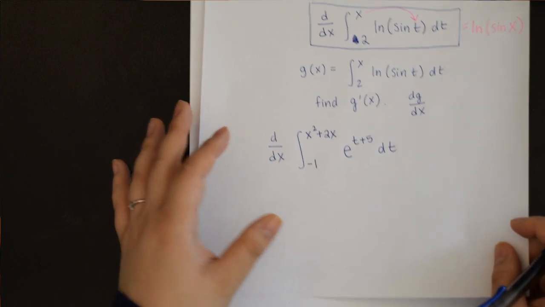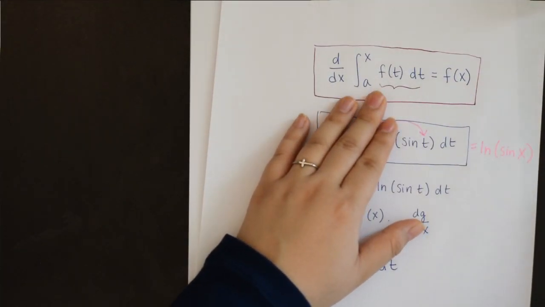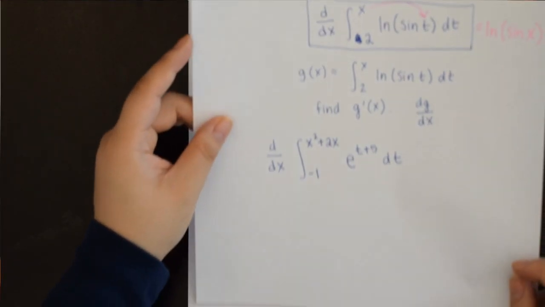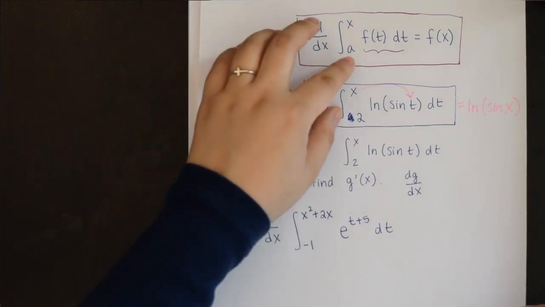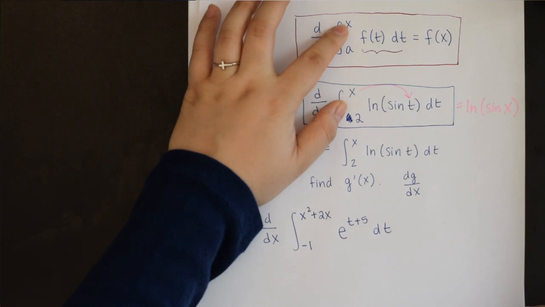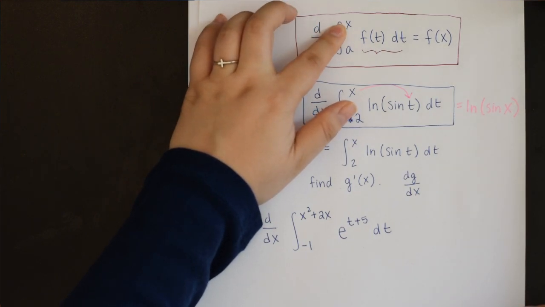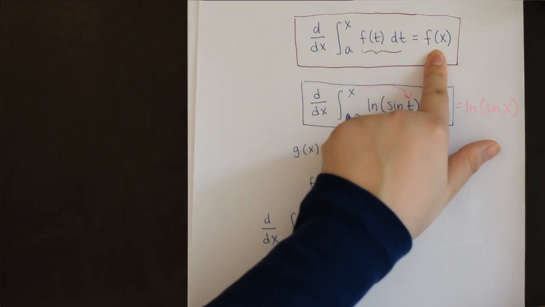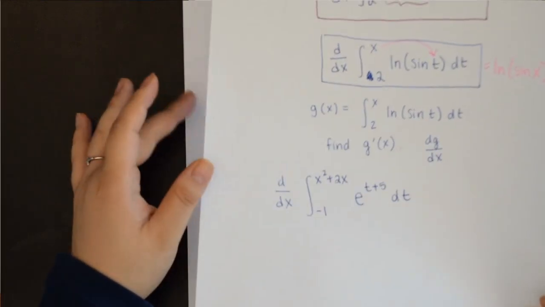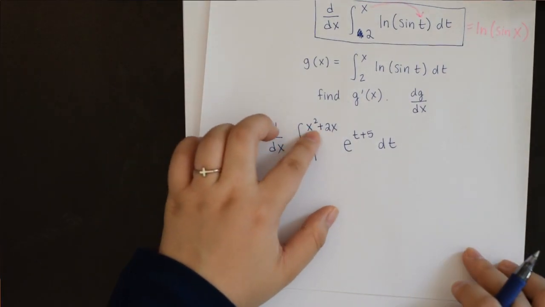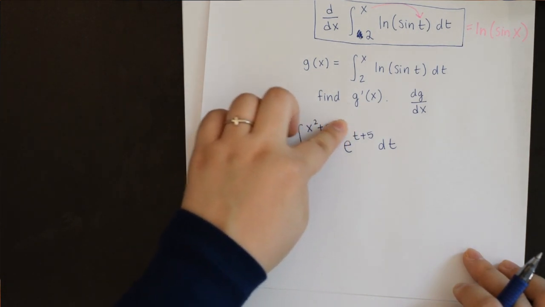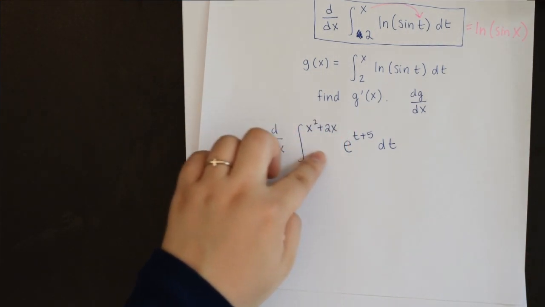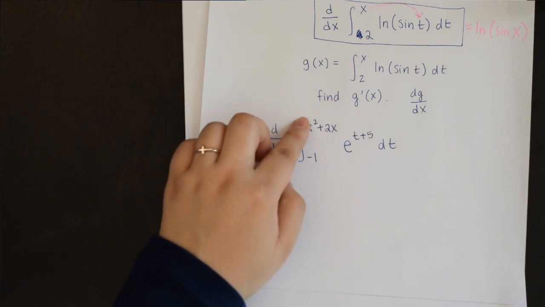Okay, so we don't need to find this integral and then take the derivative. We can use our theorem here straight away, but what gets kind of tricky is notice that it has to be a constant on the bottom and an x specifically for this to be f of x. And we kind of have this: we have a constant, but we have something else, we have stuff here.